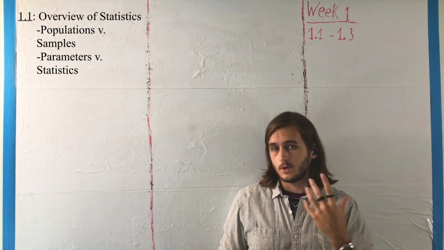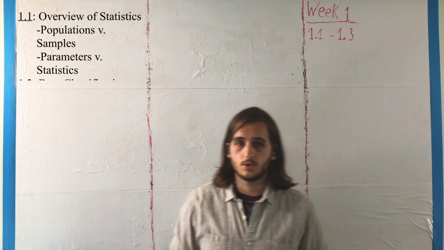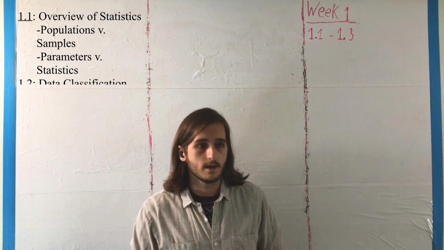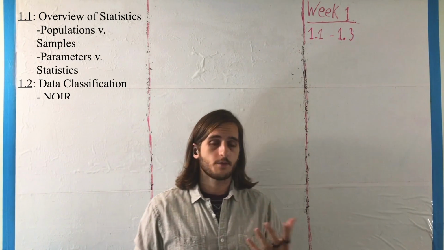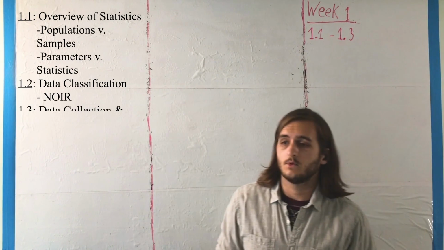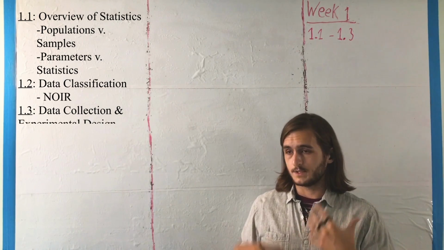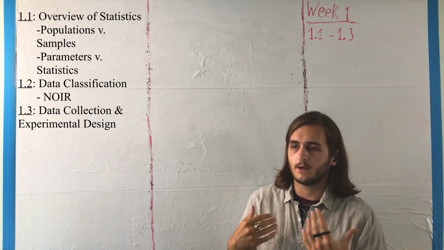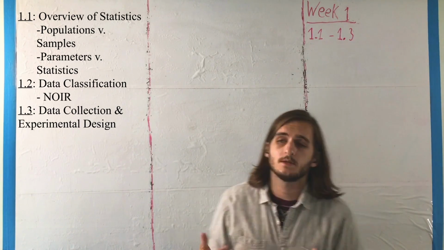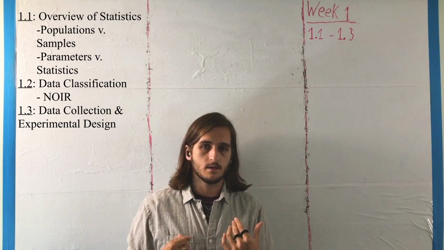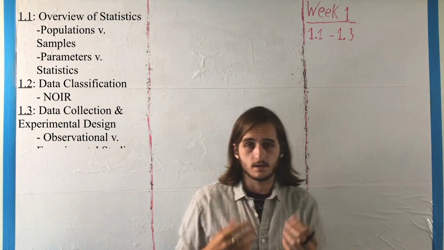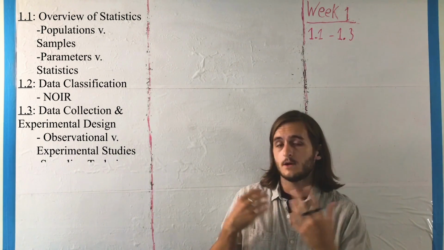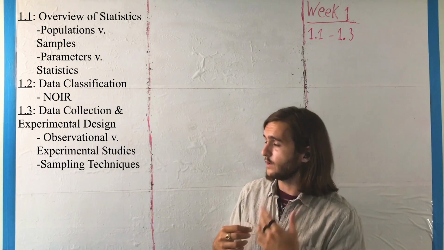And then in 1.2, we're moving on to look at ideas with data collection, and then in 1.3, we're picking up with some work on experimental design. So we're getting more information about things like the levels of measurement in 1.2, and then some of the sampling techniques and classifying things as being observational or experimental in 1.3.